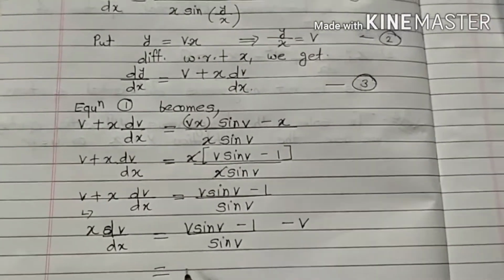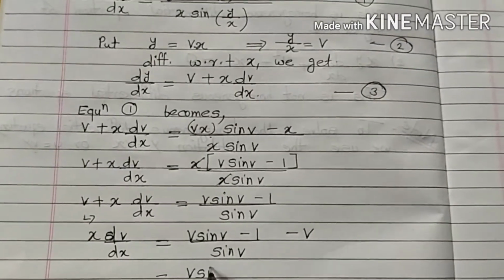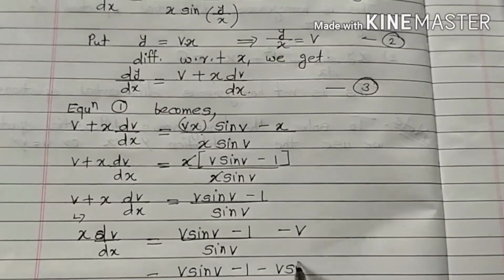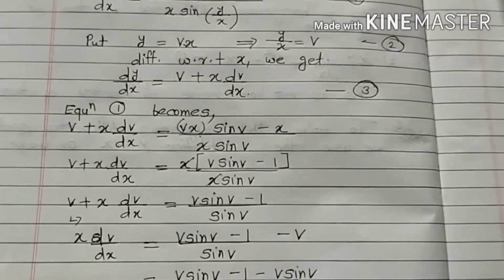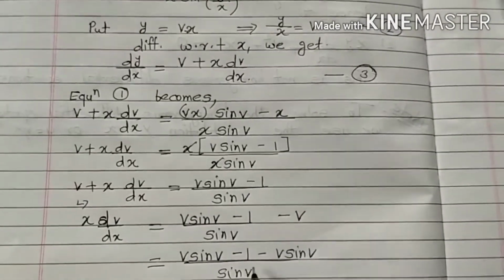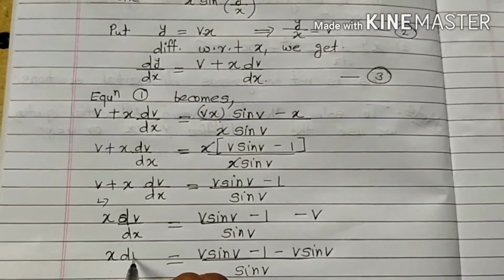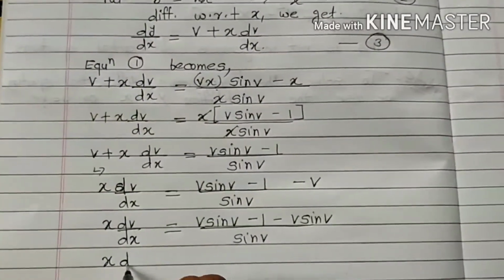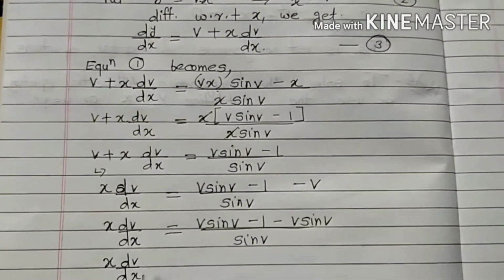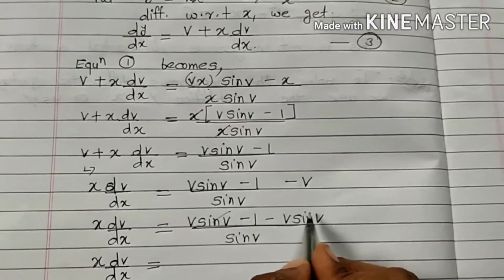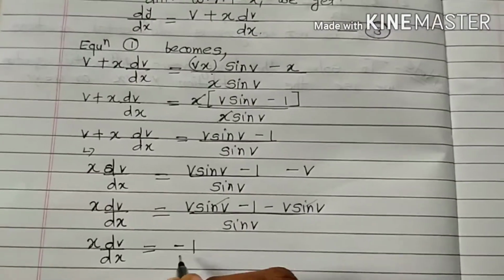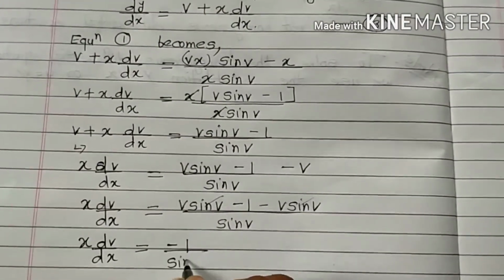Now cross multiply this term, so we get v sin v minus 1 minus v sin v upon sin v, and this term is as it is. Now this v sin v and this minus v sin v cancel, so we get only minus 1 upon sin v.